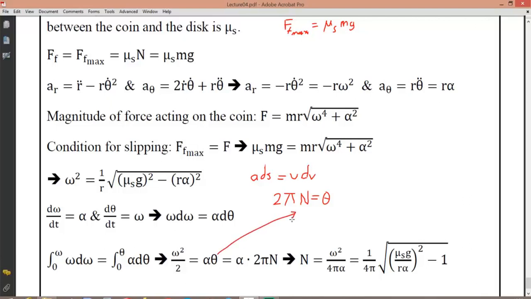So substitute 2 pi times n here, and then leave the n alone. And as a result of that, we find out the total number of revolutions at which the coin will start slipping. And that's the end of lecture number 4. We will start with lecture number 5 in the next video.